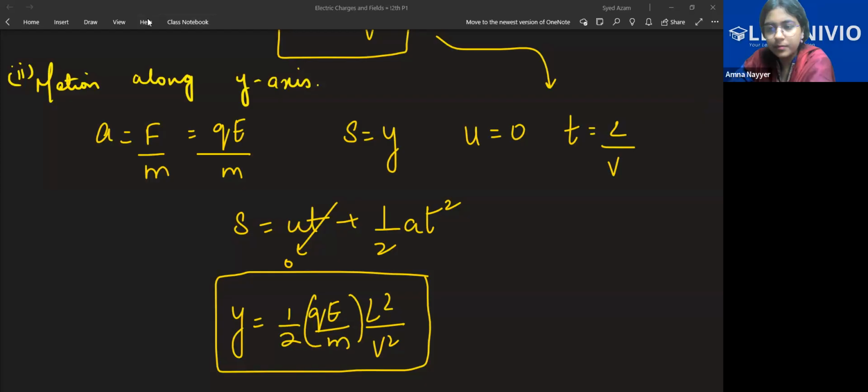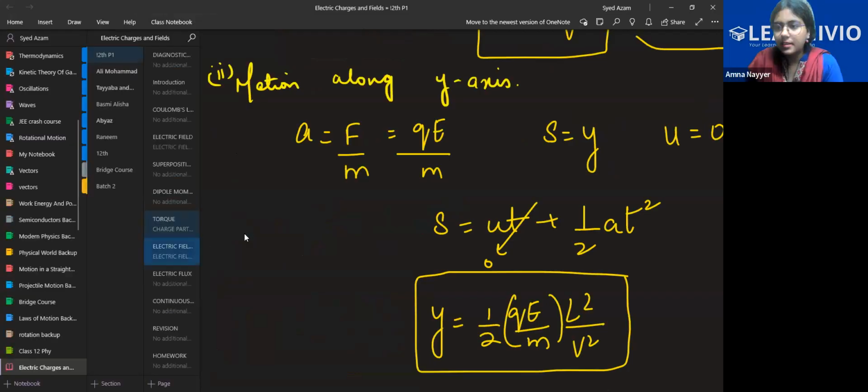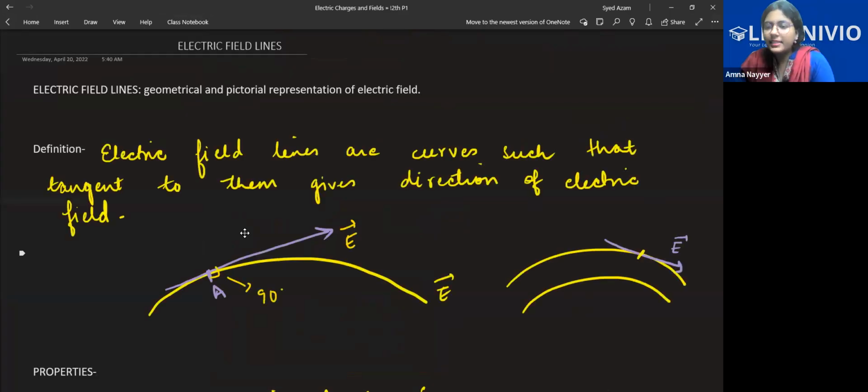Yes, ma'am. Okay. So see, now there's a theoretical part, which is electric field lines. So basically, electric field is present around a charged particle, and it's the property of a single charge, right? This is what we have studied. When a single charged particle is present, the field exists around it, which is the electric field. Now, how are we going to represent that electric field?